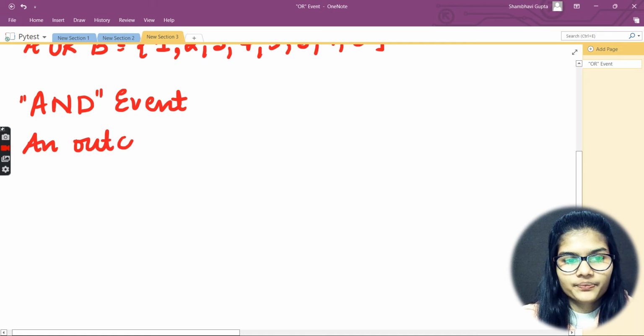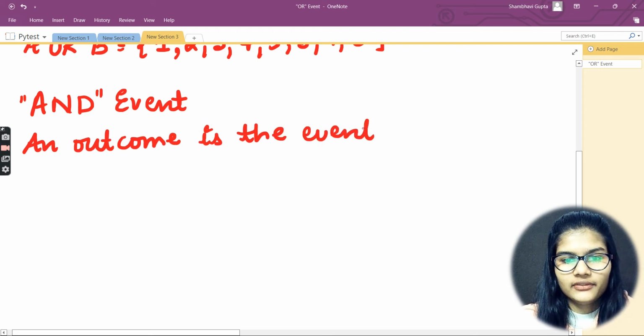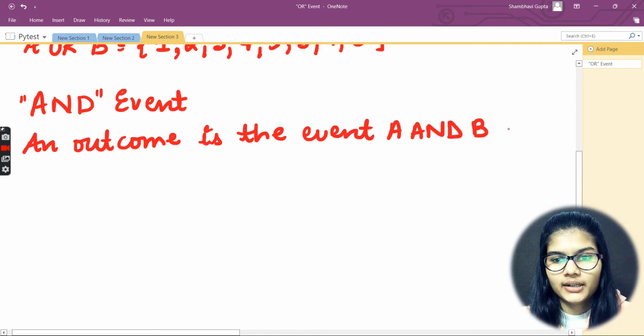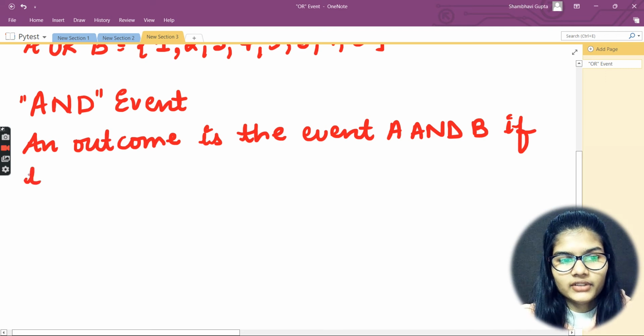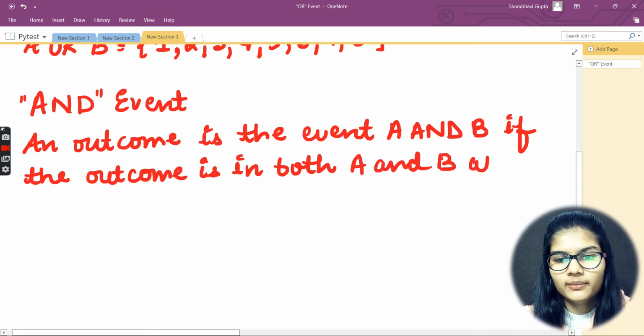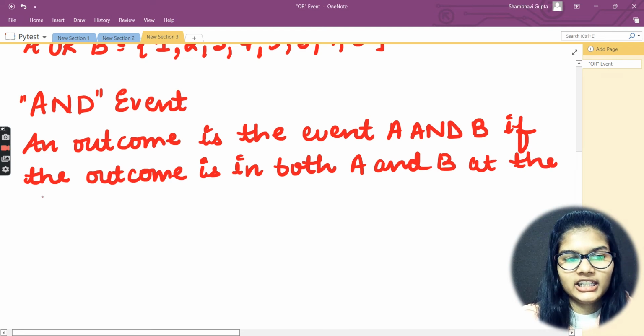Here an outcome is the event A and B if the outcome is in both A and B at the same time.